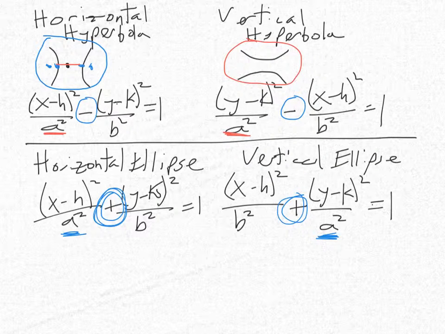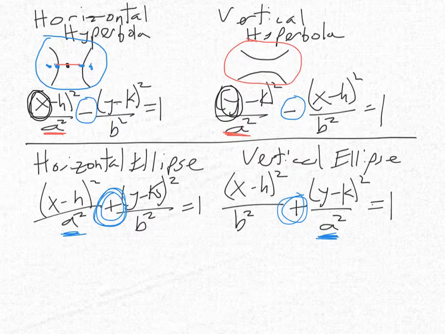In the horizontal hyperbola, the very first one, the x term comes first, and that's what makes it a horizontal hyperbola. But in the second one, the y term comes first, and that's what makes it vertical. So in the ellipse, it's the bigger number that matters. In the hyperbola, it's which letter comes first that determines whether it's horizontal or vertical.